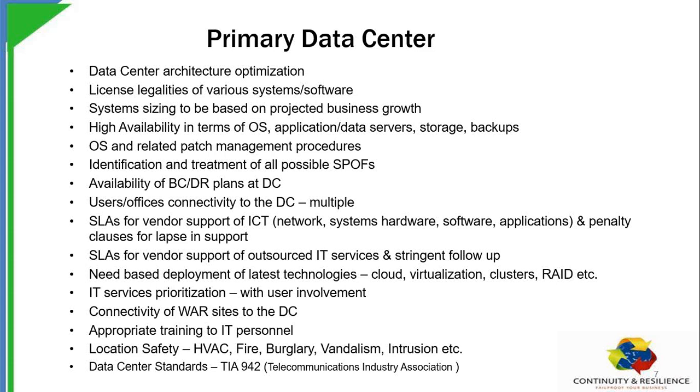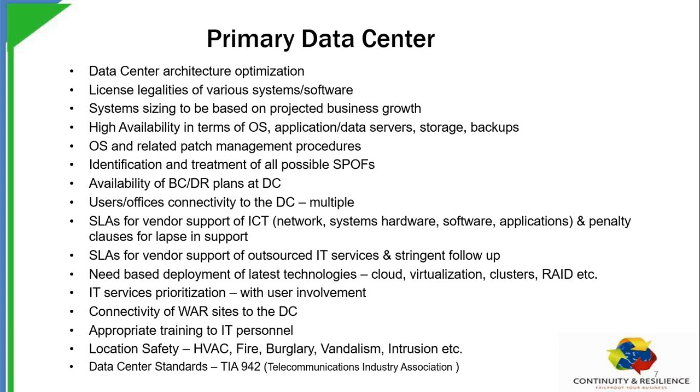So the data center architecture needs to be optimized. Licensing legalities of various systems and software need to be taken care of. System sizing should be based on projected business growth, so capacity management needs to be taken care of. And then you have high availability in terms of operating system, application, data server, storage, backups, etc.